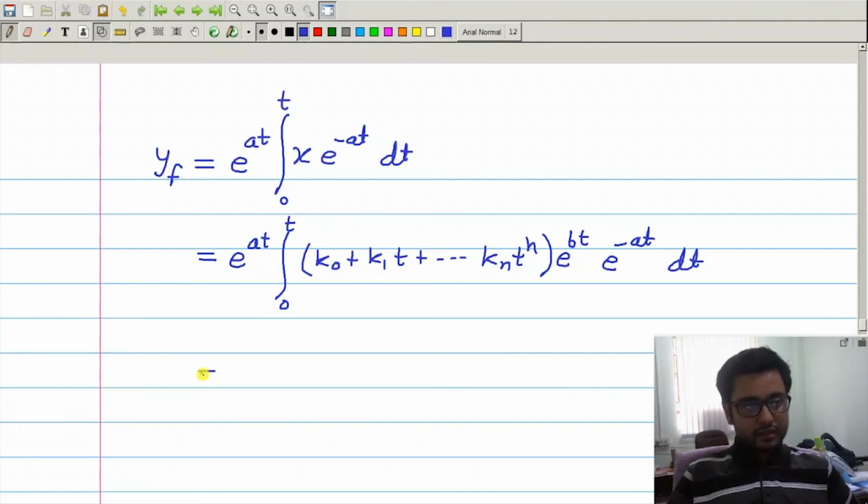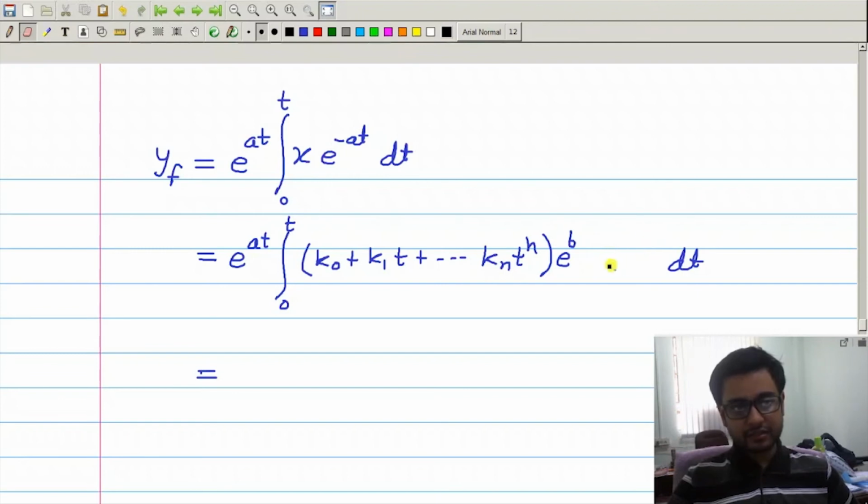Then let me now club these two exponential terms together and write it as b minus a. Then we can have two possible cases.